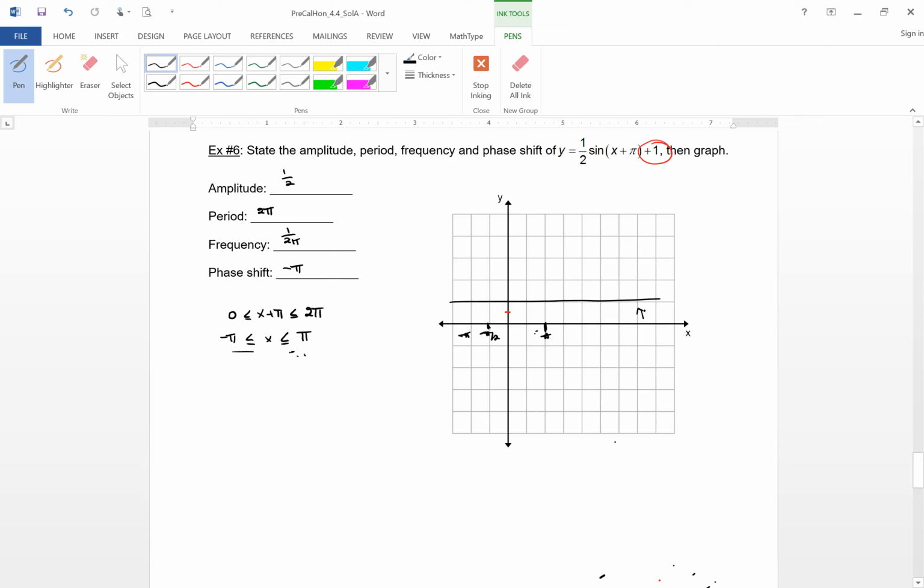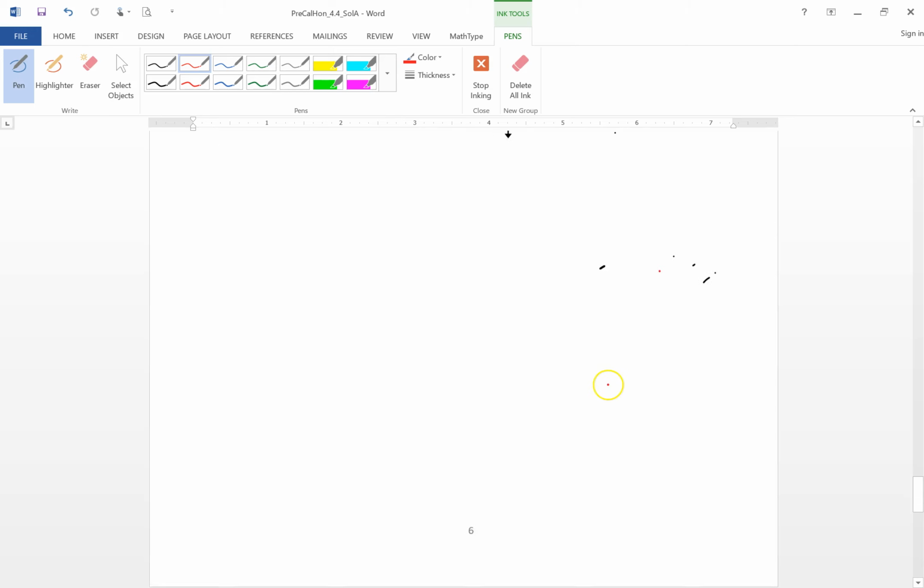Okay? You can even make that a dashed line like this. And now it's the same exact thing. So I would start here, up a half, down to 0, down a half, back to 0. So that is what that looks like. Okay, so let's move along.